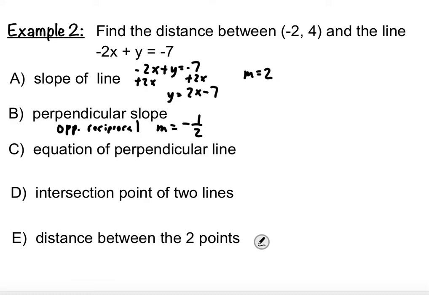Now we have to find the equation of the perpendicular line. So we've got a slope of -1/2 and we're going through the point (-2, 4). So I'm going to use my point-slope form. I'm going to put my x1 and y1 in there. I'm going to put my slope in there.